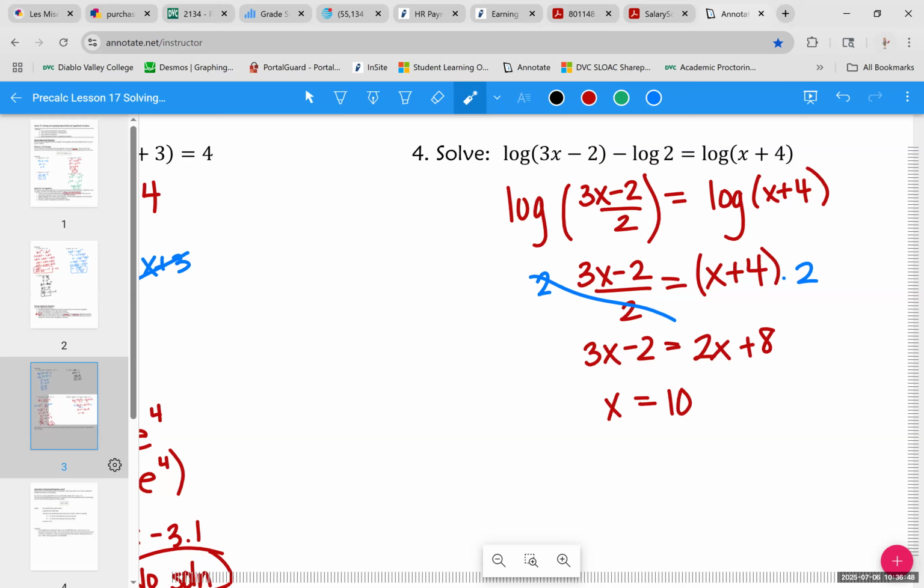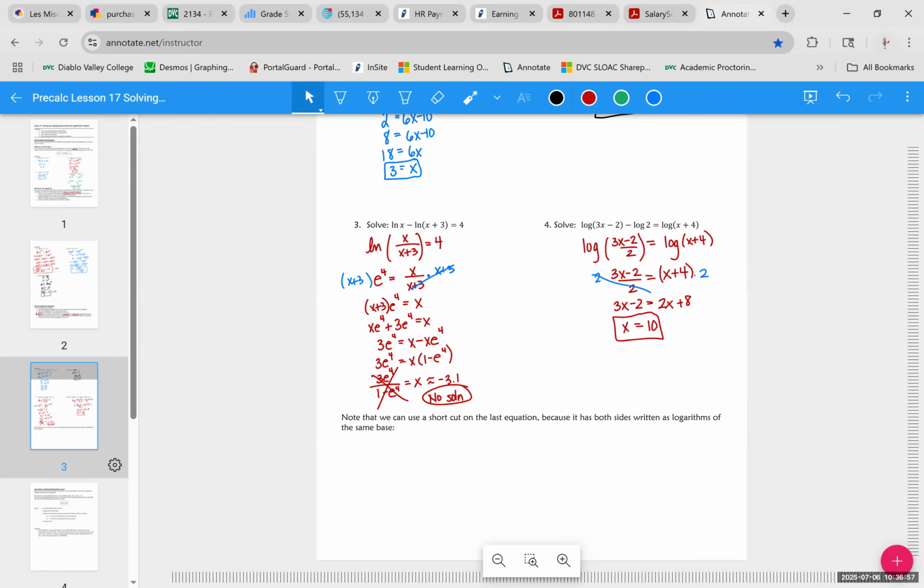That one is a constant, and it's another positive number. So we can keep that solution. I think I actually already answered this up here. I just did the problem that way. Both sides have logarithms of the same base, so we used a shortcut there. I wanted to make sure I noted that.